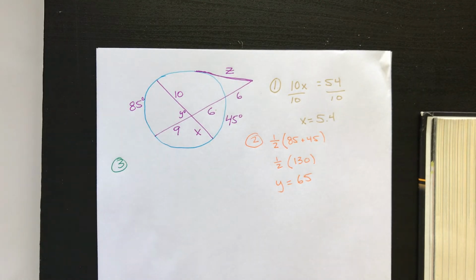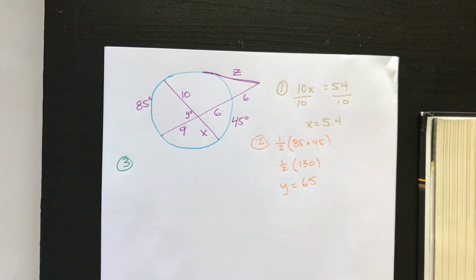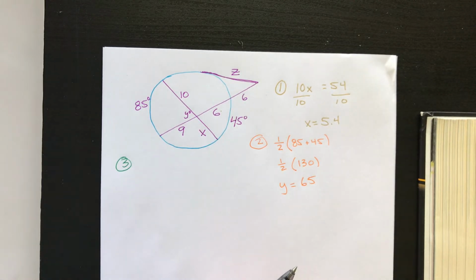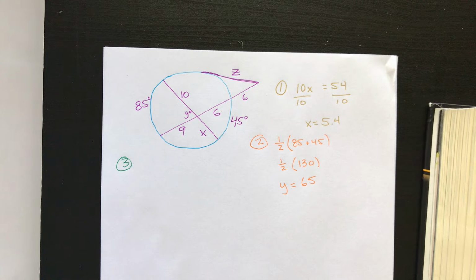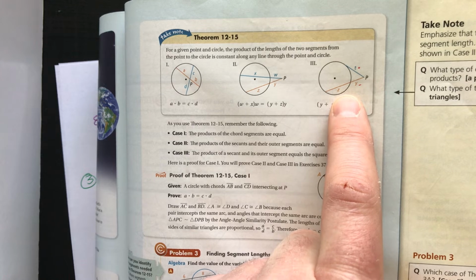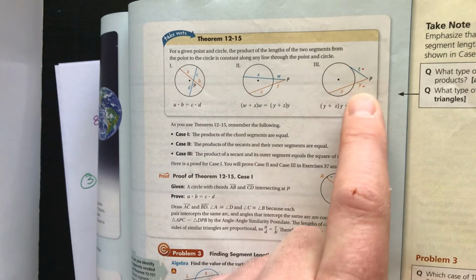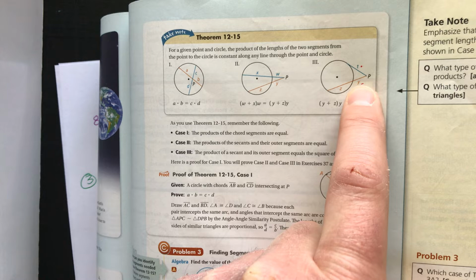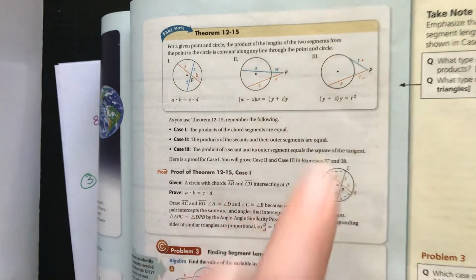All right, once again, we have a segment length with tangent and secant. So if I look at my tangent and secant, it is this one right here. So remember, it's always outside plus inside times outside is equal to t squared.